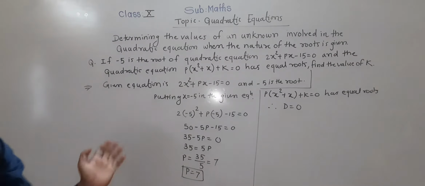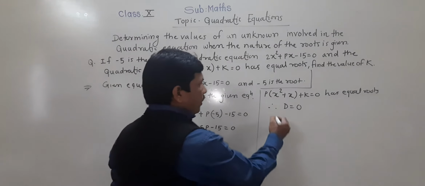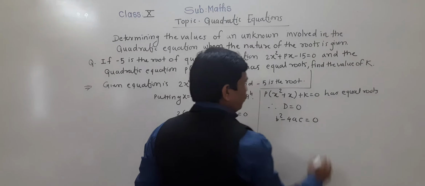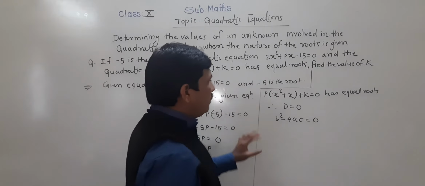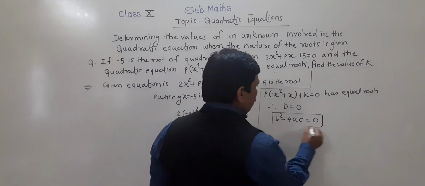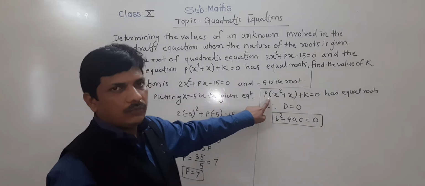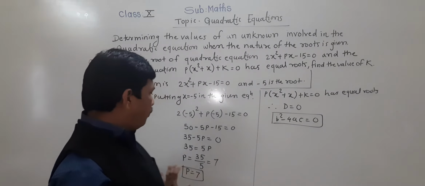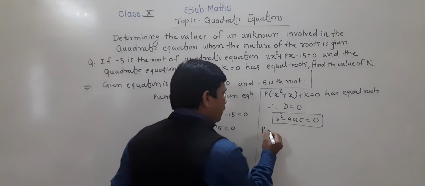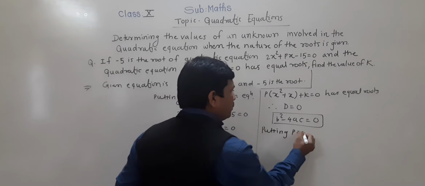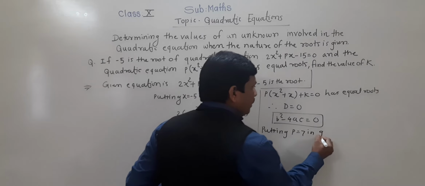D means what? b square minus 4ac. So now b square minus 4ac is equal to 0. Before that we need to put the value of p in the given equation. So put p is equal to 7 in the given equation.